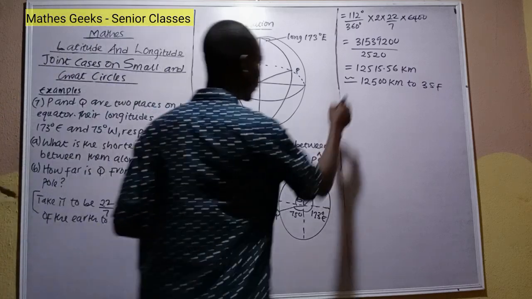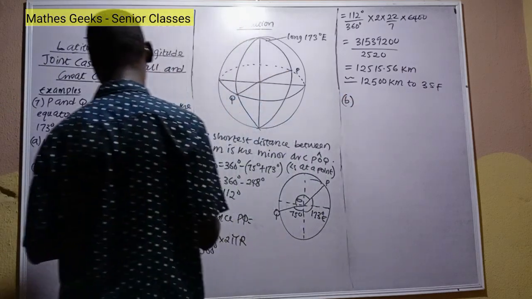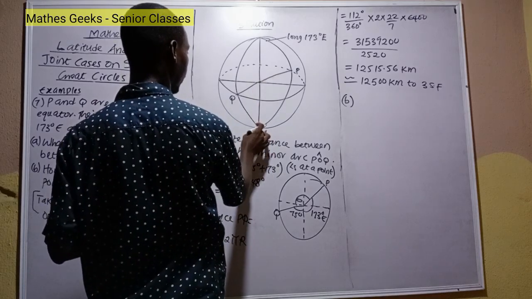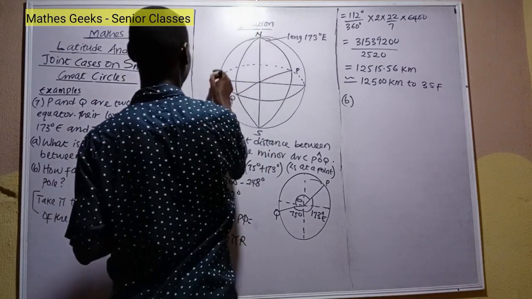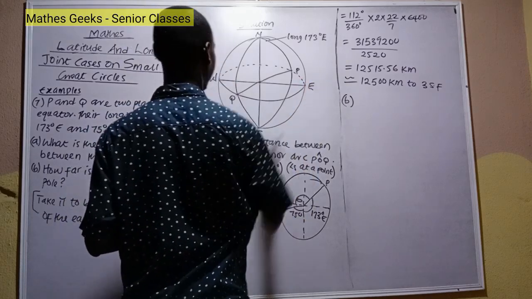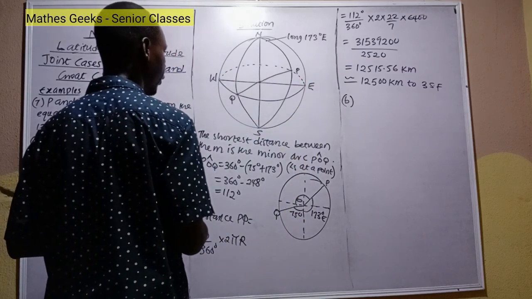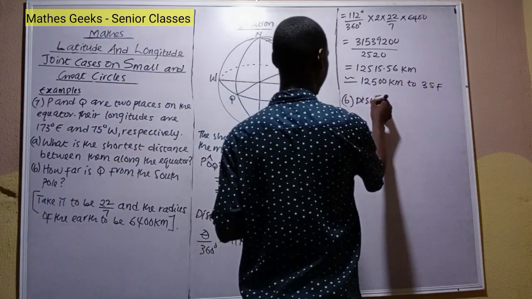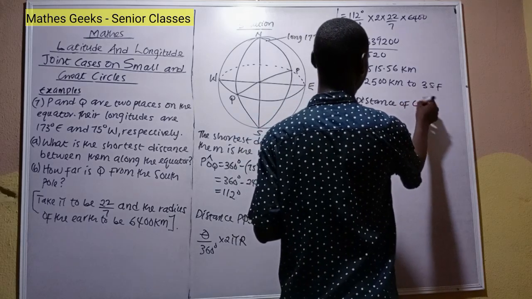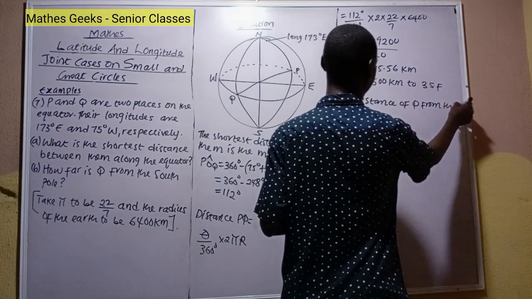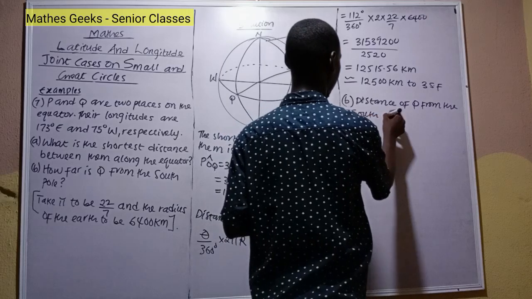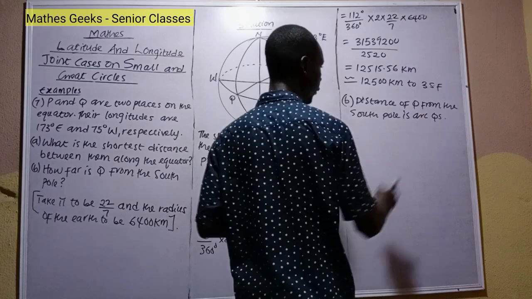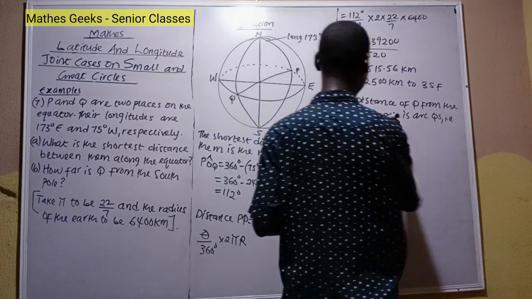Now, how far is Q from the South Pole? So the distance of Q from the South Pole is arc QS, and that is a great circle.